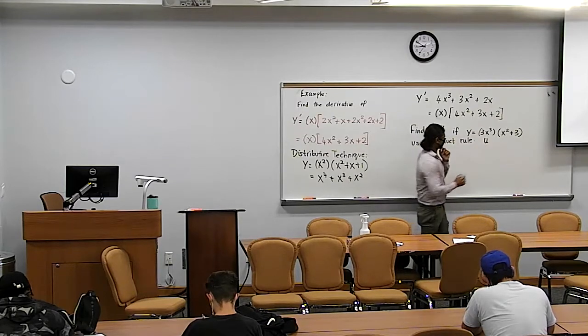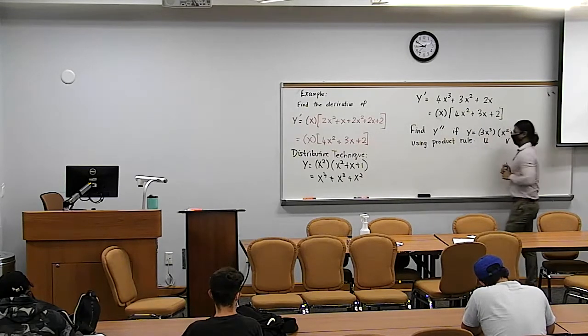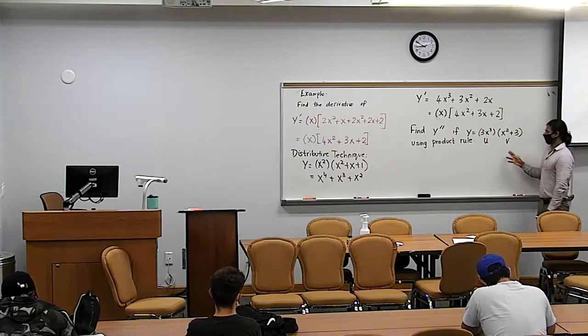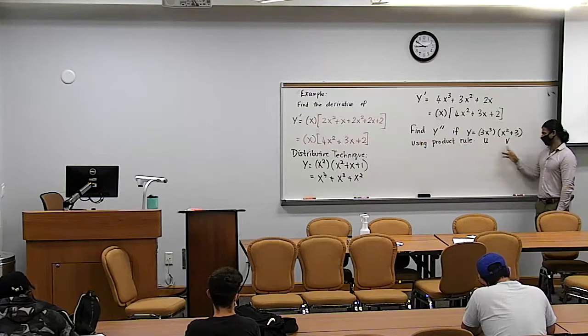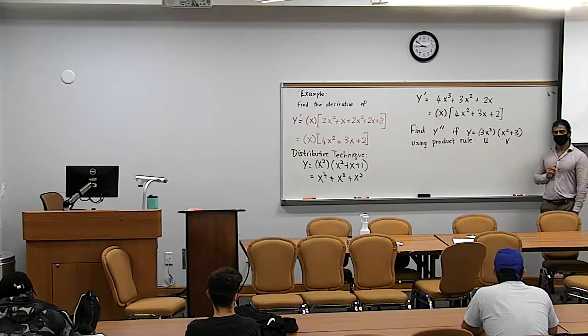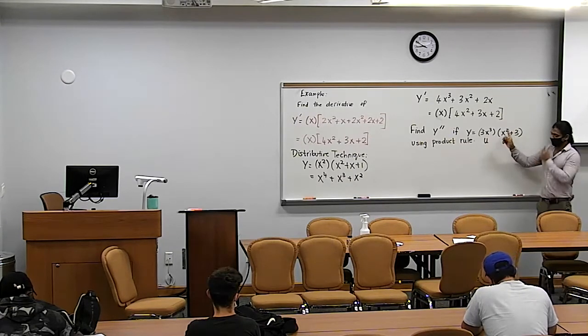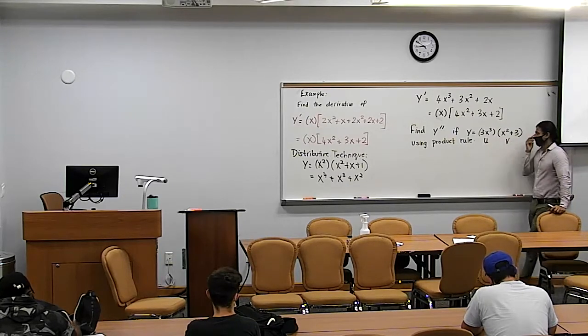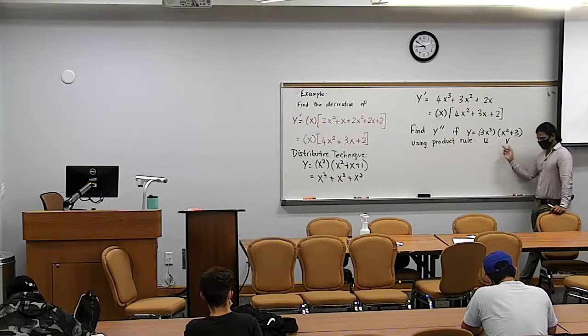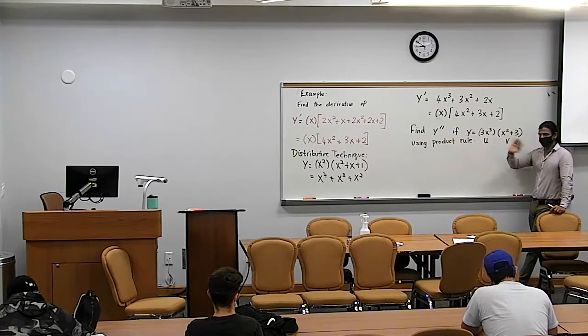X squared plus 5. Does it matter if I call that u and that v? No, because a times b is the same as b times a. So in product rule, you can switch u and v, and the formula will not change.